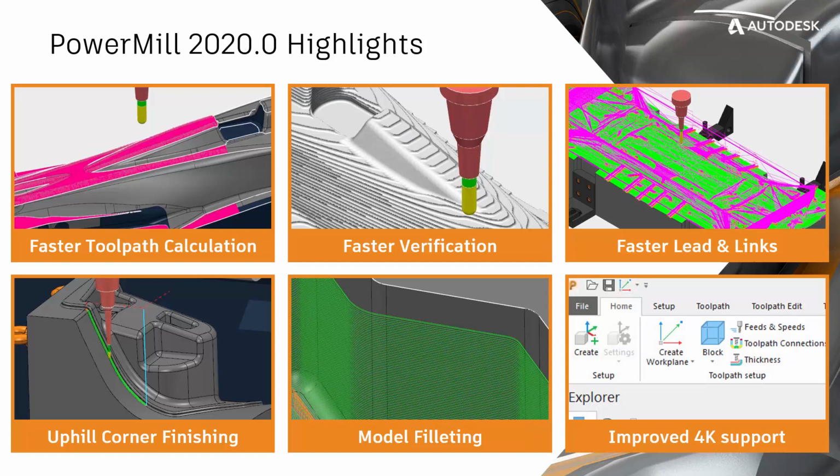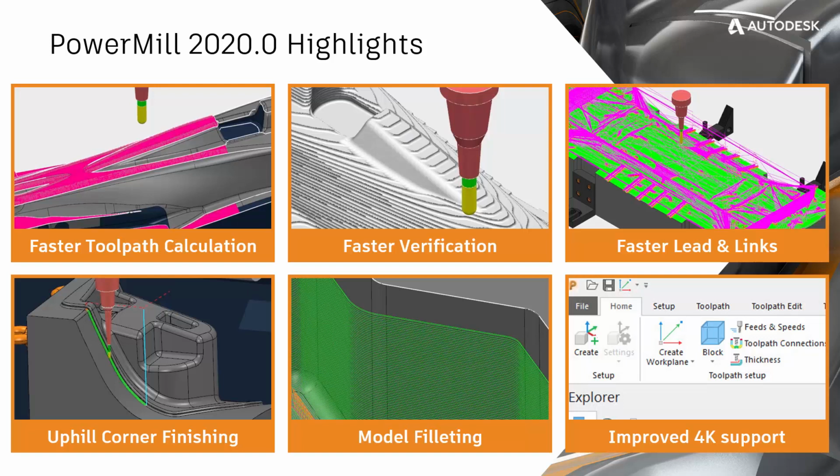Powermill 2020 makes better use of multi-threading on PCs with multiple cores, and that's specifically when calculating leads and links. And so as a result, this reduces the overall calculation time and allows programmers more time to explore alternative solutions and produce more efficient toolpaths for their specific needs.